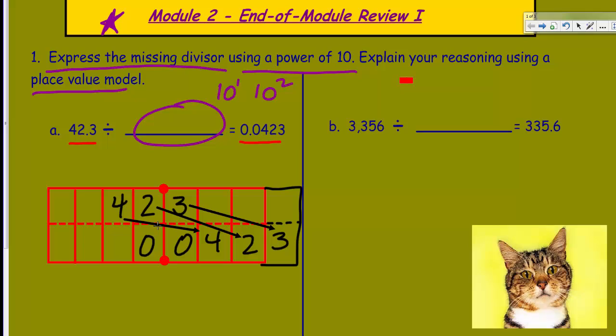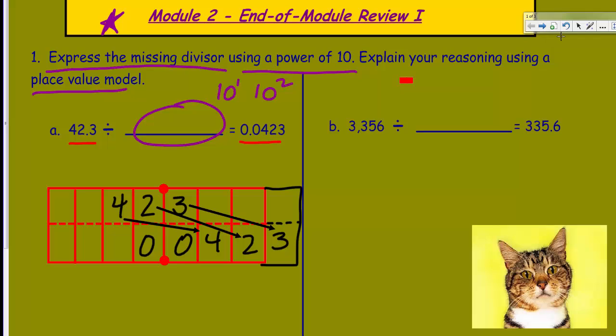1, 2, 3 place values, right? 1, 2, 3. So the 2, has it moved the same? Well, the 2 has moved 1, 2, 3. It's also moved 3. And then you see the 3, it's moved 1, 2, 3. They've all shifted 3 places to the right. So that lets you know right away that we're dividing by a power of 10.